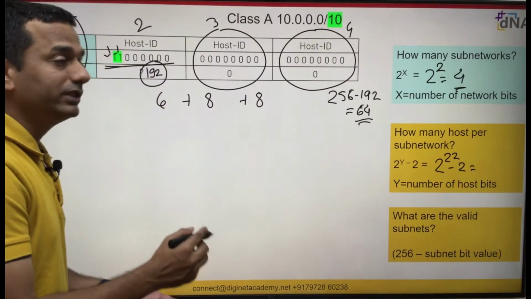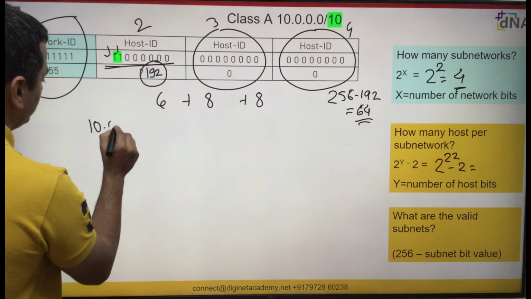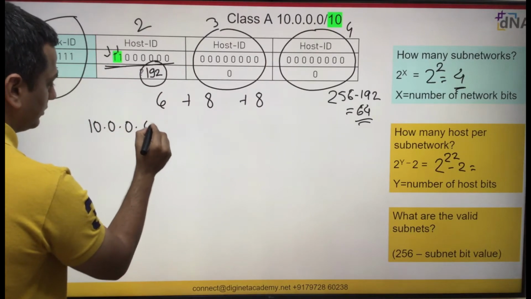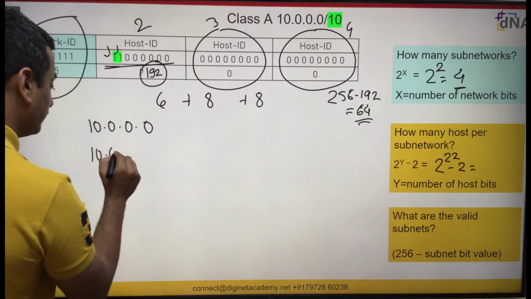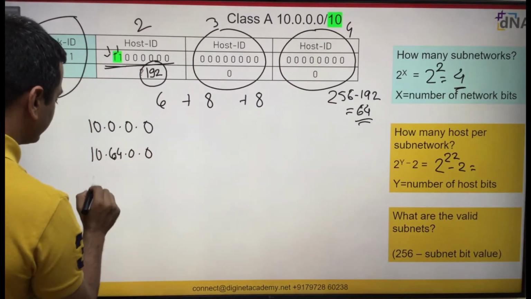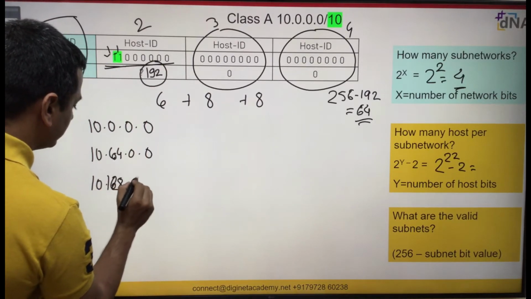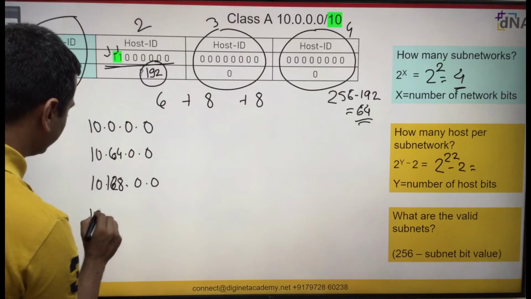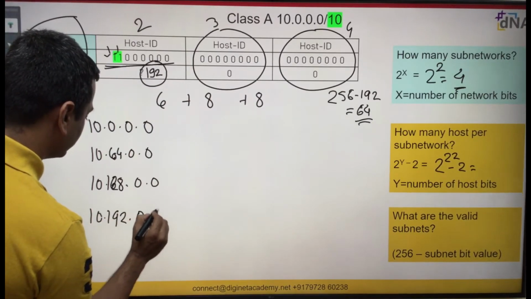So what will be your first network, guys? The first network is 10.0.0.0. The second network is 10.64.0.0. Next, 10.128.0.0, and the last is 10.192.0.0.